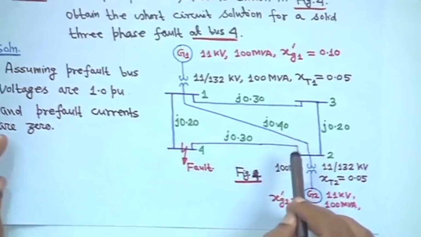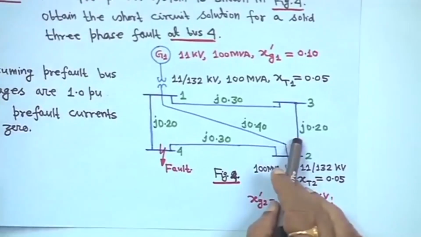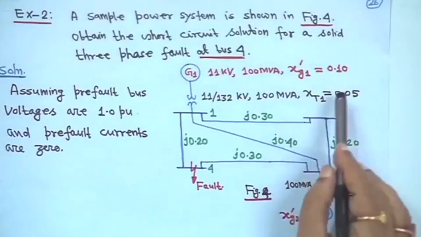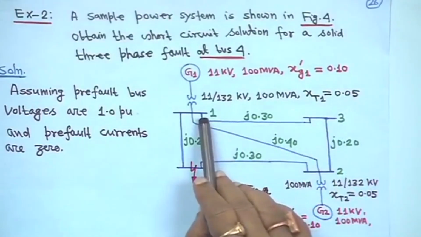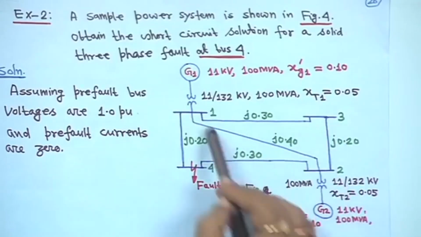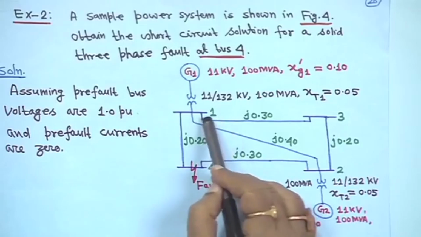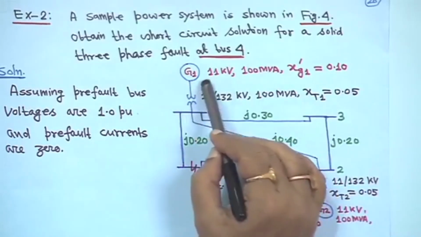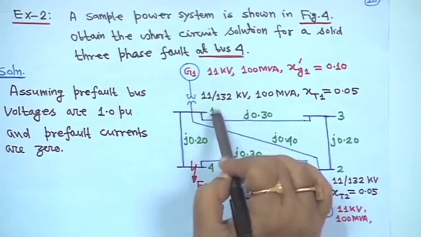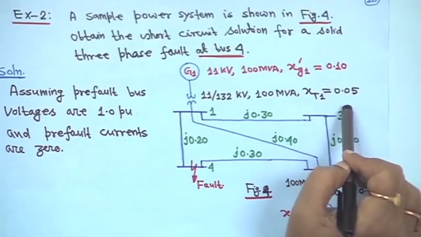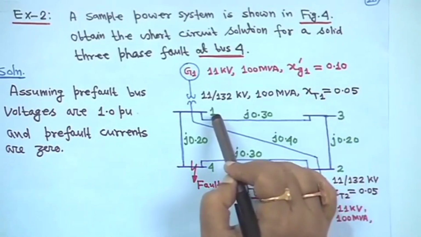First thing is you have to obtain the Y bus. In this case we compute the Y bus: Y11 will be Y13, Y12, Y14 plus another term, Y10, with some bus numbered 0. The generator Xg1 dash and transformer T1 you also have to consider.